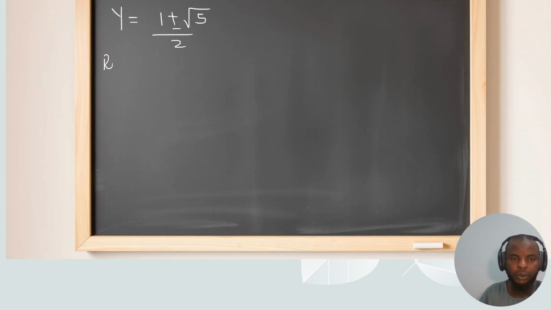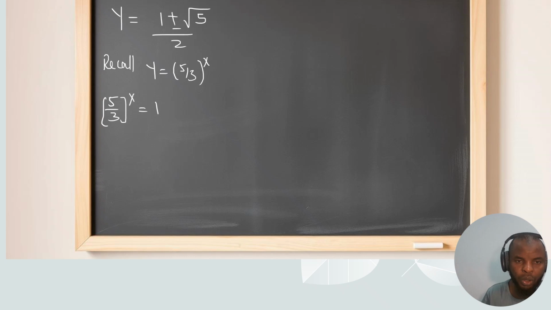Recall that our y equals 5 over 3 to the power of x. So now, if you want to plug this in to get the value of x, I'm going to have 5 over 3 to the power of x equals 1 plus or minus square root of 5 over 2.